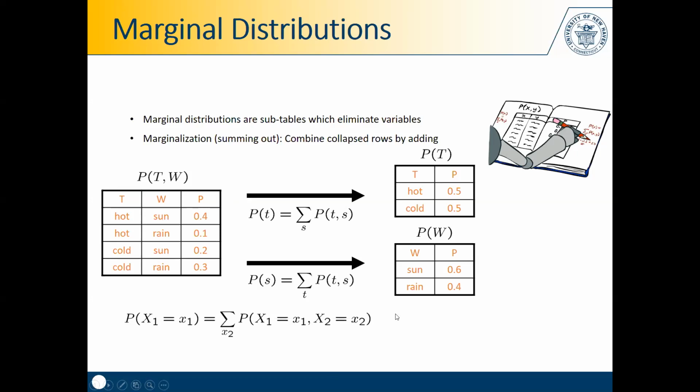We are iterating over possible assignments of the variable x2. This is an intuitive but very important formulation. Another thing to note is these are all still valid distributions. Why? Because the sum of probabilities in each of these marginal distributions is still 1.